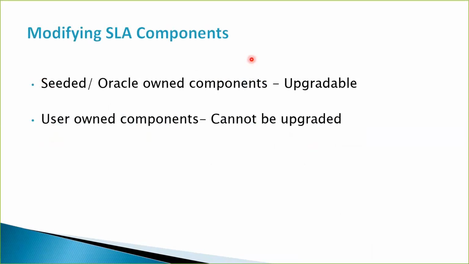Once we copy them, that copy becomes owned by the user, all right? And therefore, the user can make modifications to that copy to suit their own needs of how they want the accounting to be created for their own purposes, all right?